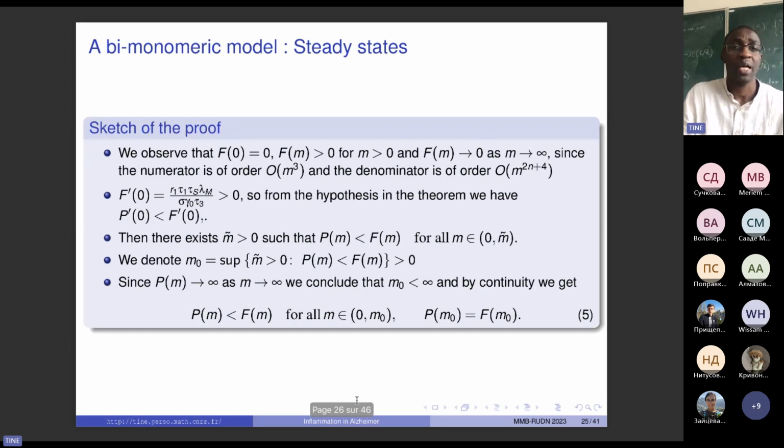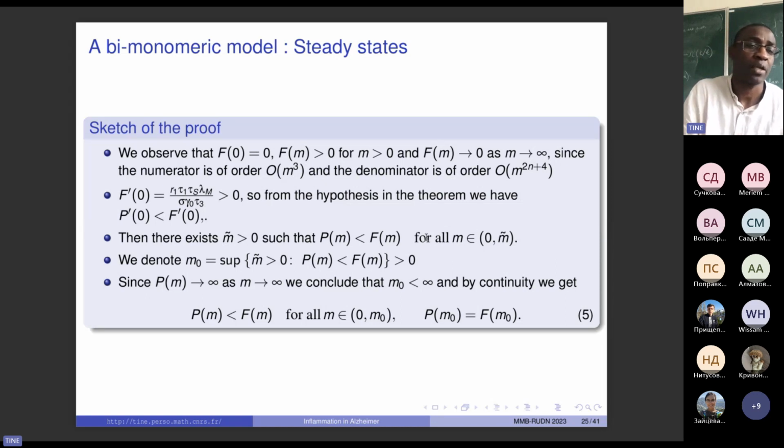To do that, the thing is the same: you look at what happens at 0 and what happens at infinity. When we look at the limit, we can say something about when the derivative is positive or negative. That is all the game here.